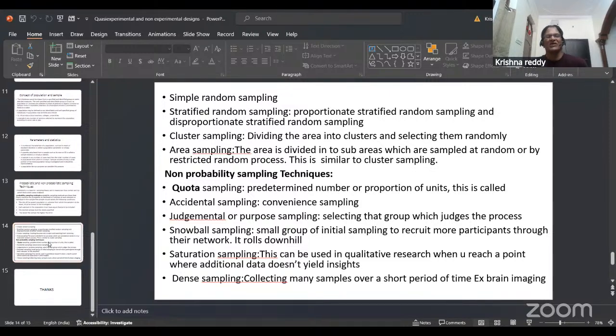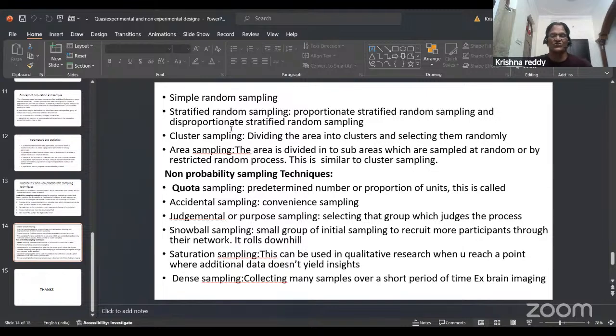The non-probability sampling techniques are quota sampling, accidental sampling, judgmental sampling, snowball sampling, saturation sampling, and dense sampling. These are the various sampling procedures which come under non-probability sampling techniques. We have also missed out certain things in probability sampling techniques: simple random sampling technique, stratified random sampling technique, cluster sampling, area sampling. These are the probability sampling techniques.